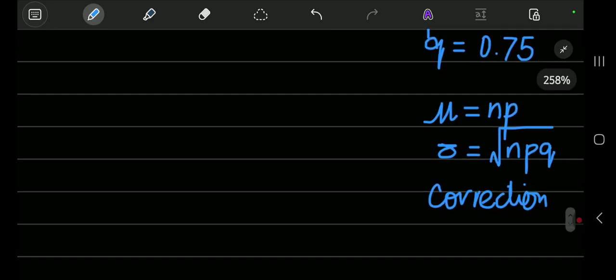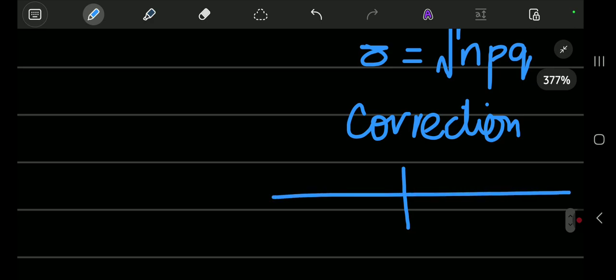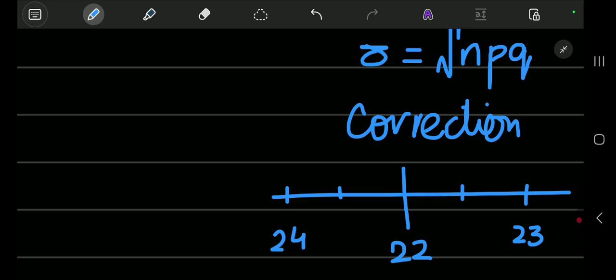How do we do the correction? We look for this 22. Now if this is 23 and this is 24, so we have probability for x is less than 22. For binomial to normal approximation, we take into consideration the decimals. So this is 22.5, and this is 21.5.